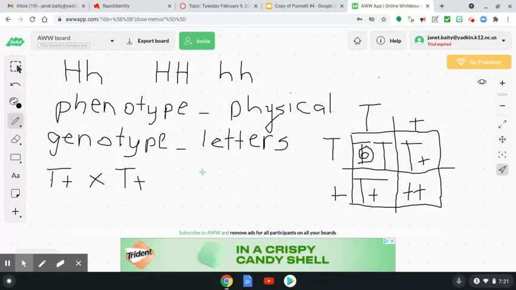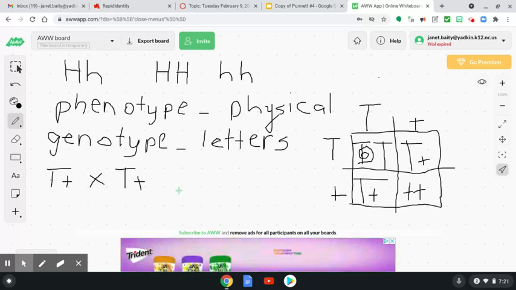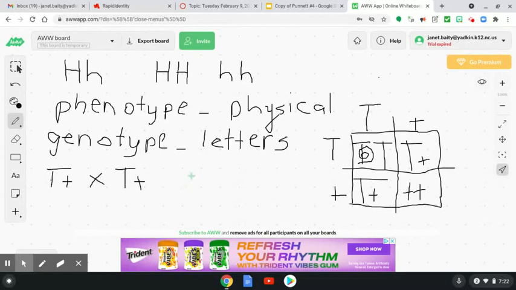So the phenotype would be 3 tall, or 75%, and 1 short, or 25%.